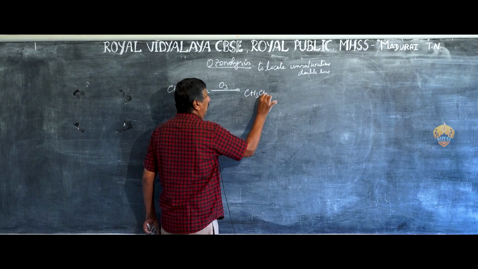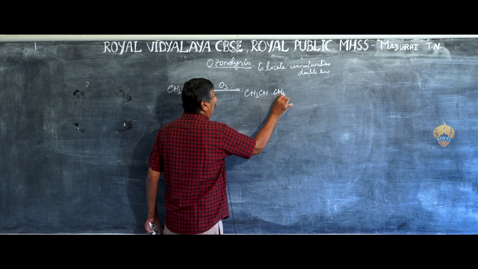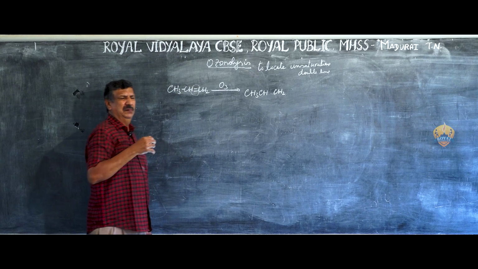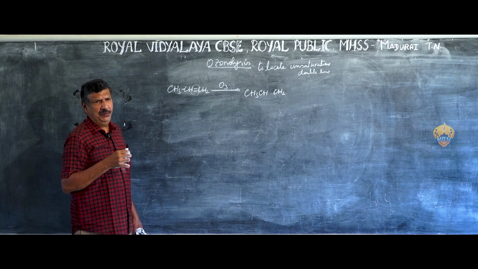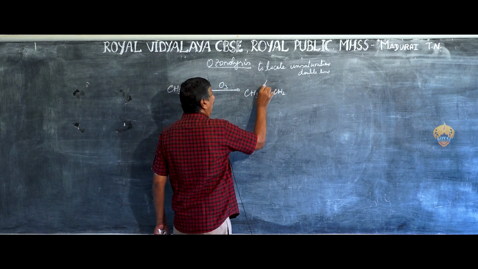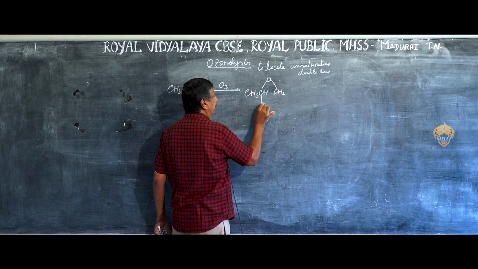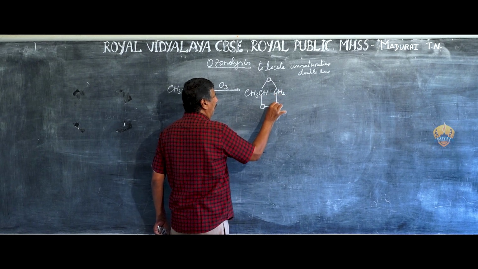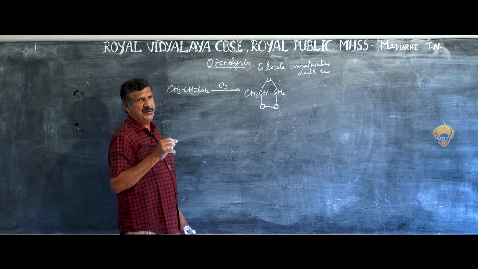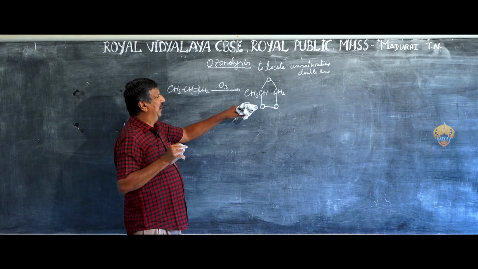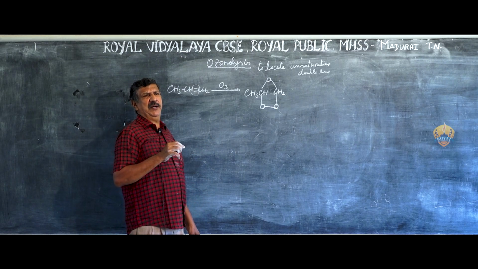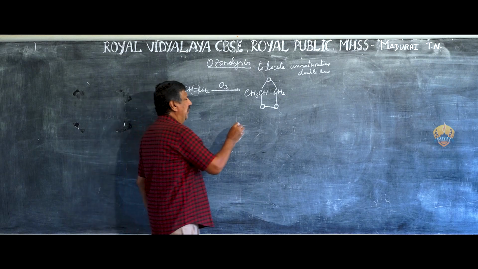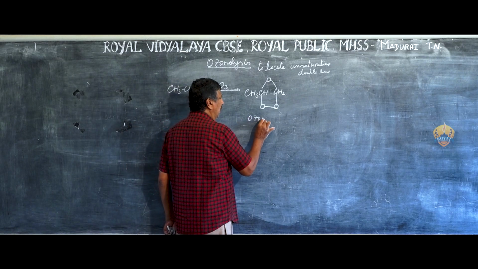You remove the double bond, that means you remove both the bonds. Then what should we do? You should create an ozonide. Ozonide means all the three combined in an ozonide form. The compound is generally called an ozonide.